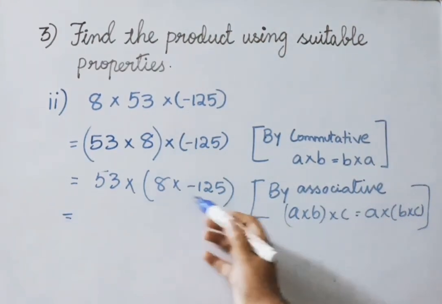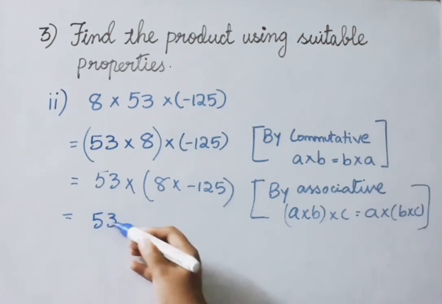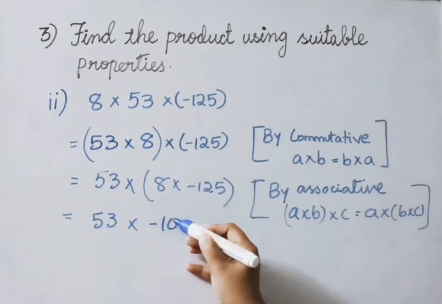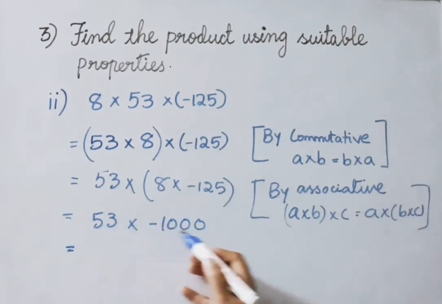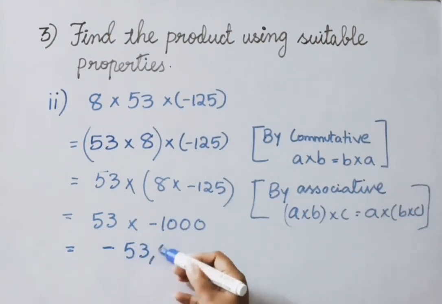Now multiply the value present in the brackets. 8 into minus 125, that is minus 1000. Now multiply these both values. 53 into minus 1000, that is minus 53,000.